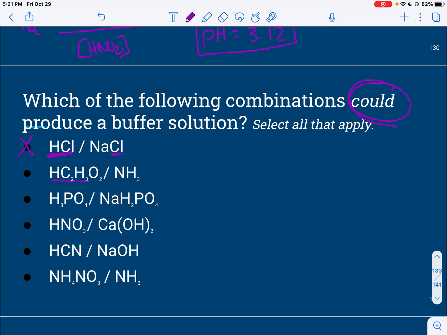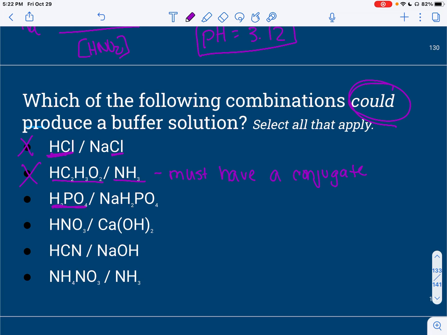So here now we have weak acid, weak base, but they're not conjugates of each other. We don't have anything that's a conjugate of the other one, so no. You must have a conjugate. Most likely AP wouldn't ask a question like that, but it's important just to know, just in case.